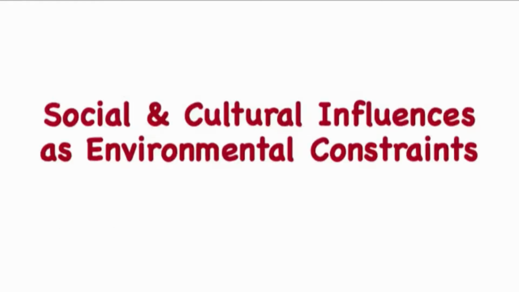But let's start with our social and cultural influences as environmental constraints. So remember, these are happening external to the person or the individual, and they don't pertain so much to the information about the task specifically. Taking it back to one of the very first lectures, we have individual, task, and environmental constraints.